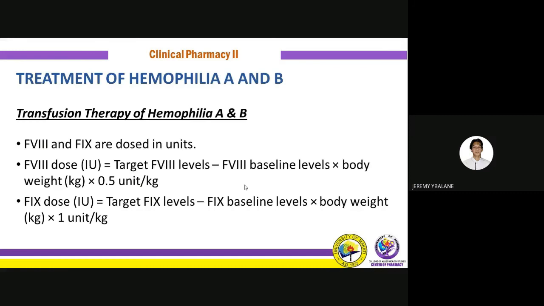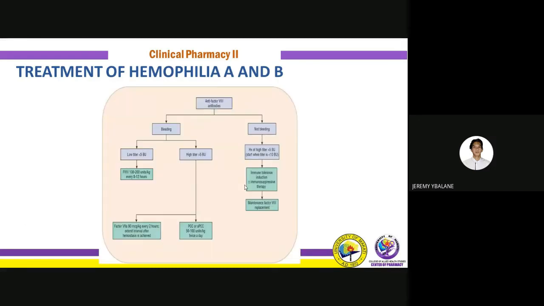Sa factor IX dose naman, ang variables you need to get is the target factor IX levels minus sa factor IX baseline levels, multiply sa body weight ng patient in kilogram, tapos multiply sa 1 unit per kilogram. Next slide please.